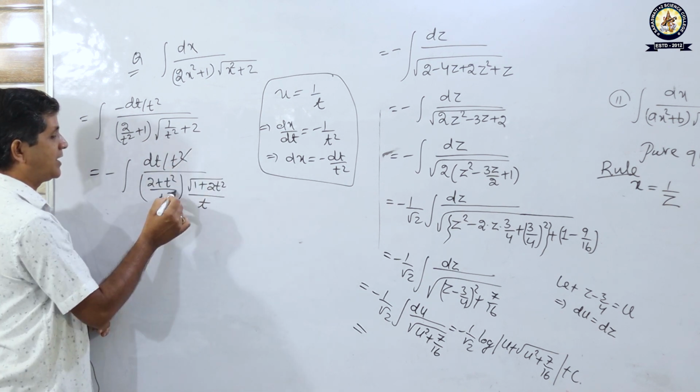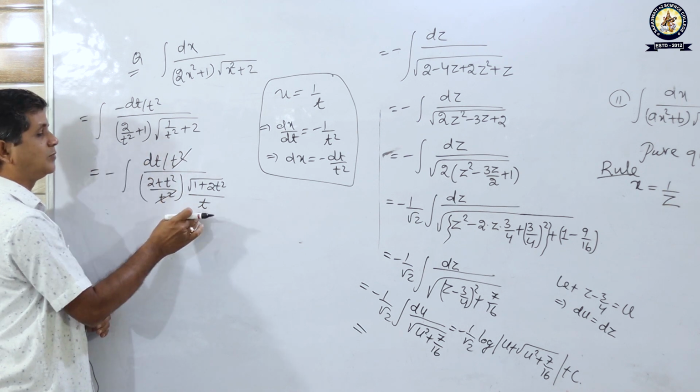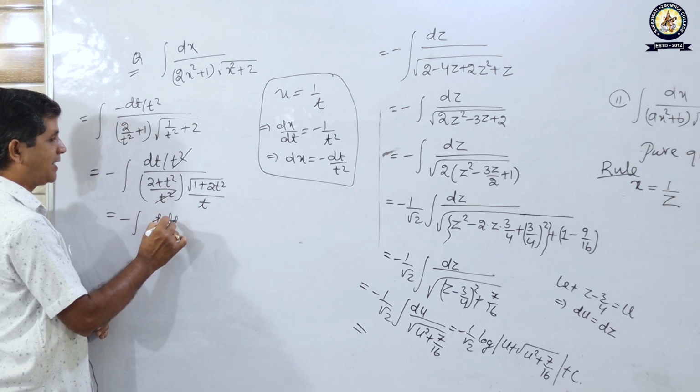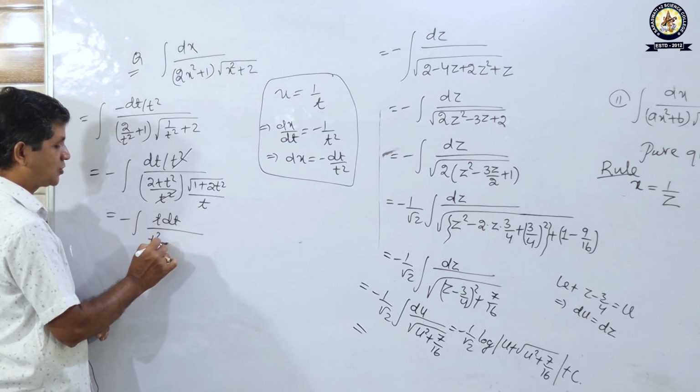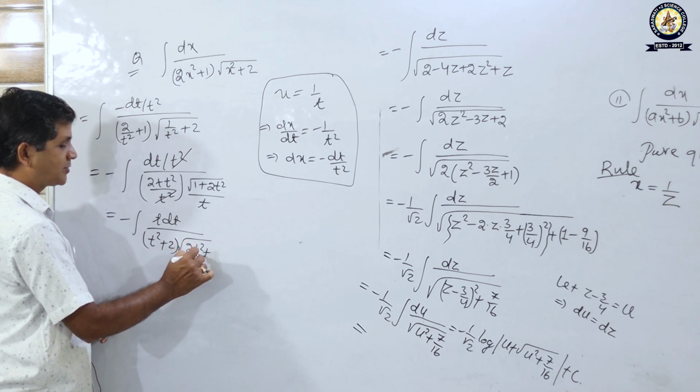Now t square cancels with t square. This t will go to the numerator: minus t dt by (t square plus 2) into root over of 2t square plus 1.